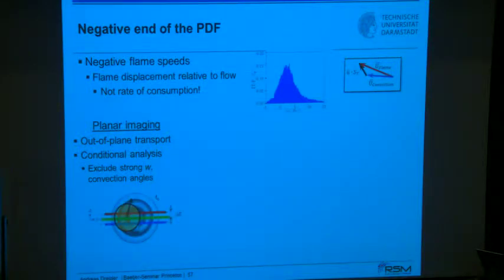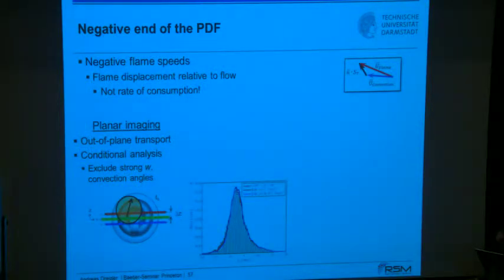And so that is visualized over here. Assume a flame kernel like that with a strong out-of-plane direction, which is called here W. Then you would as well have an impact of such a structure on the observed displacement speed. And so you can try to analyze this effect by excluding strong out-of-plane velocity magnitudes, and as well excluding large angles.